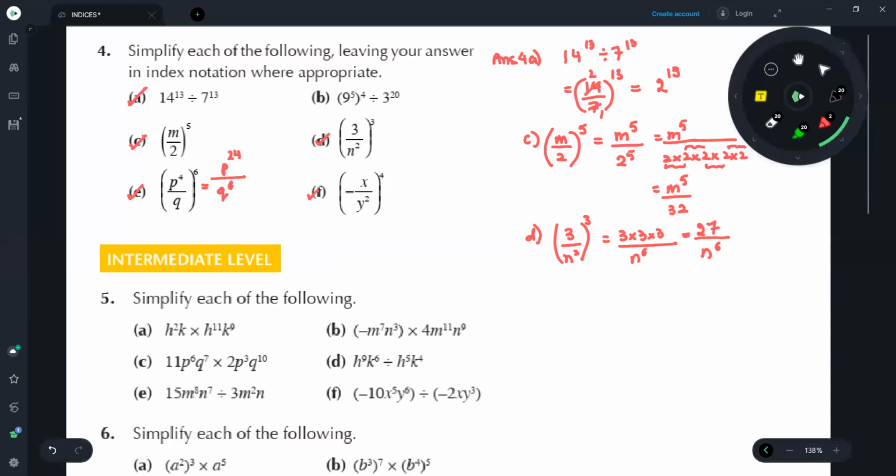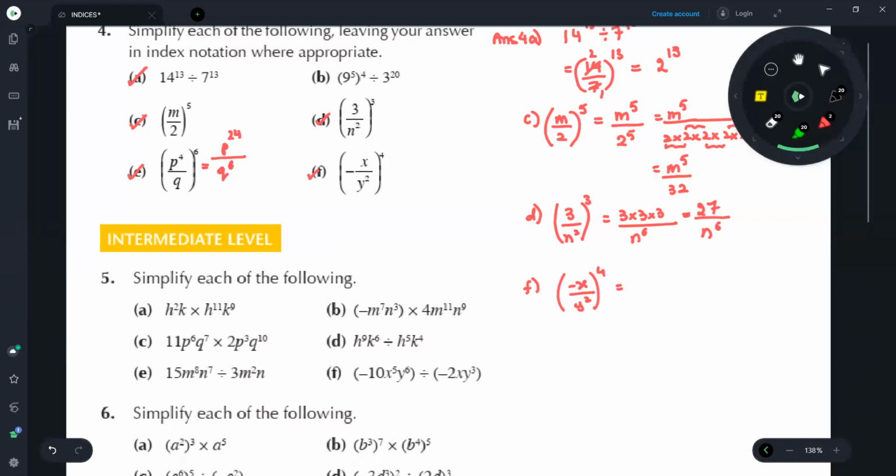Part F is, can I write down, part F as minus x over y square to the power 4? This minus sign, you will always remember, the one that I'm highlighting right now, this minus sign will always travel with the numerator. It has to be attached to the numerator, not the denominator, carry it with the numerator, okay?